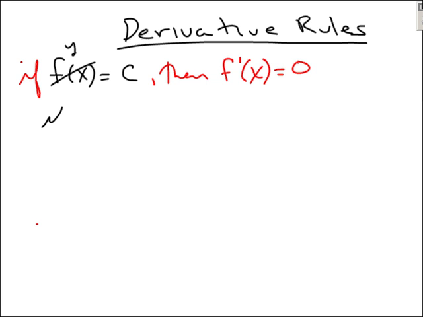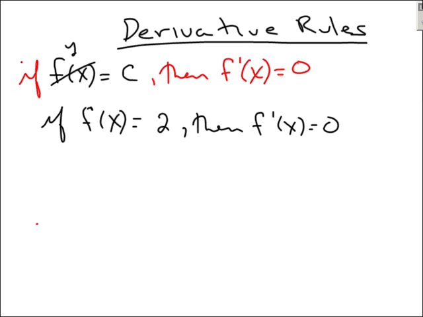That is, if f of x is any number, 2, or pi, or 99, or negative 3 over 4, then the derivative of f of x is 0. And the proof is straightforward.